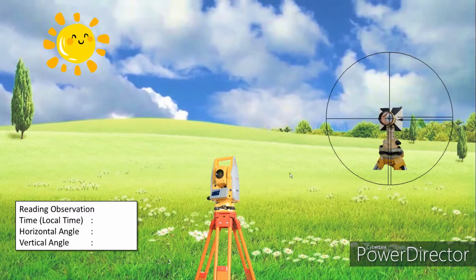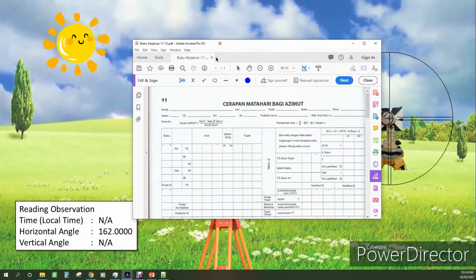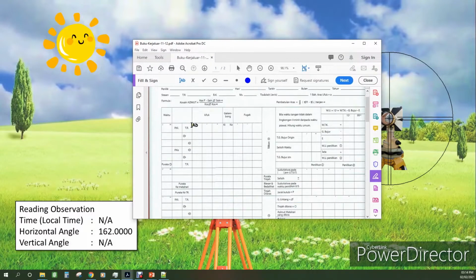When we target the back side of the prism over the reference point, we get a horizontal angle reading of 162.00, in the unit of degree, minute and second. In our booking form, we fill in this column, the ufuk.